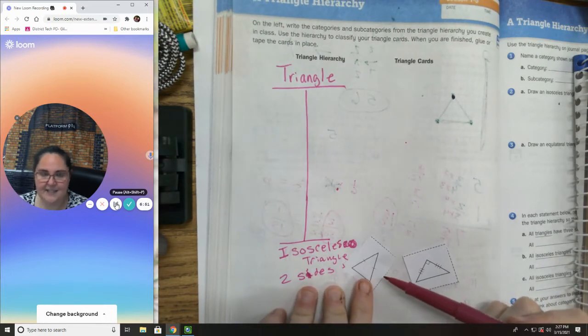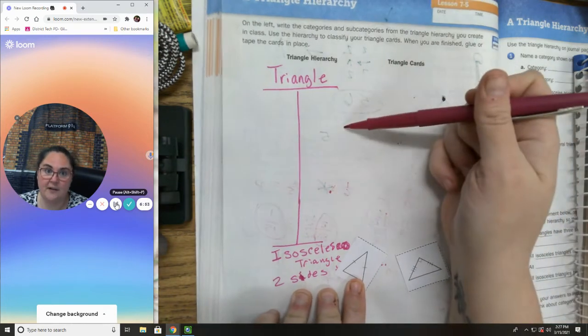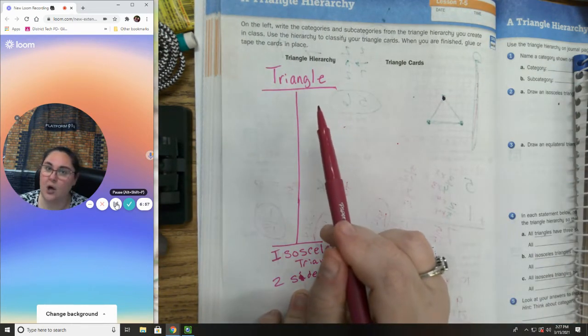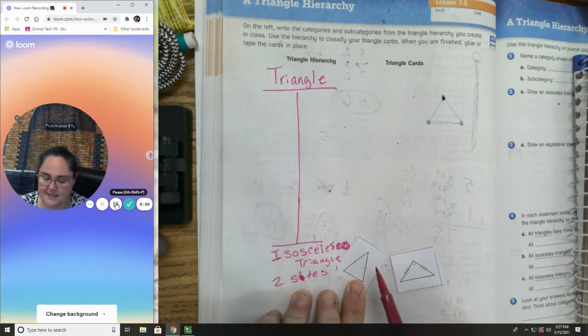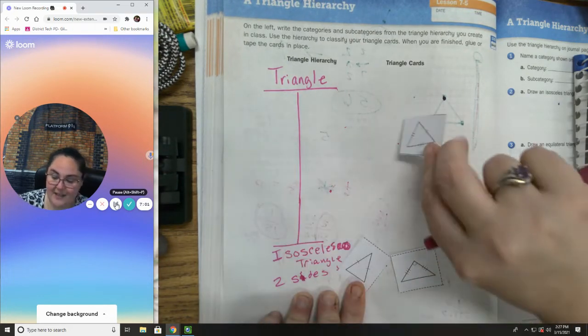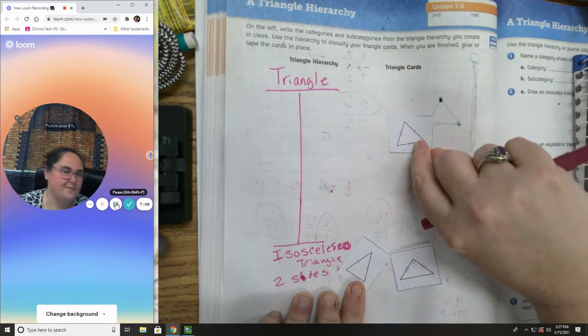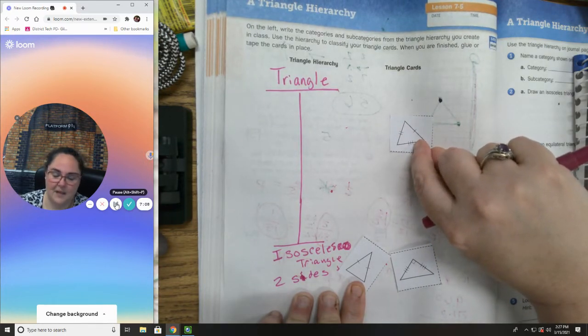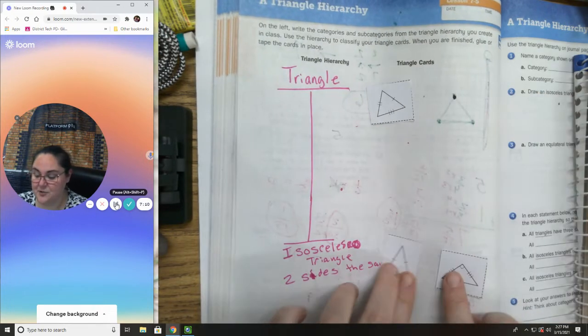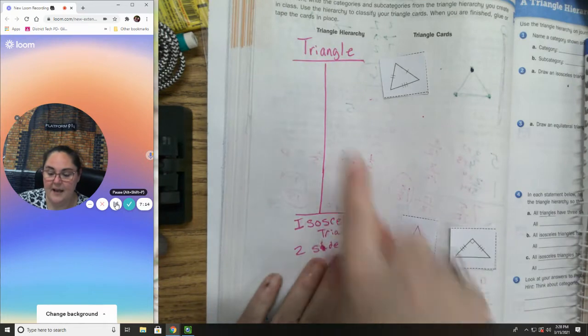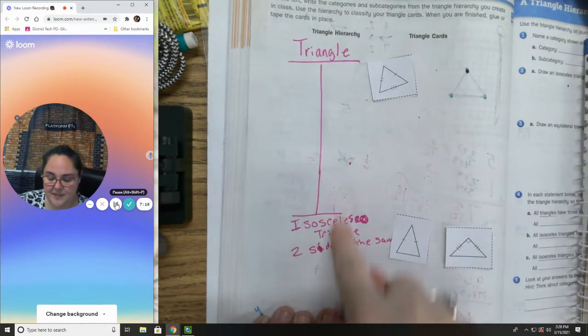An isosceles triangle is always a triangle, but a triangle is sometimes isosceles, because this one is a triangle, but is it isosceles? No. So this is where it can get a little bit tricky. The easiest thing to do is think about it as an order. A triangle sometimes can be isosceles.